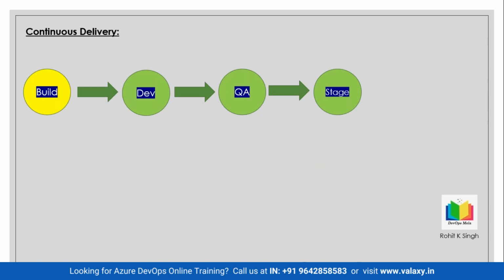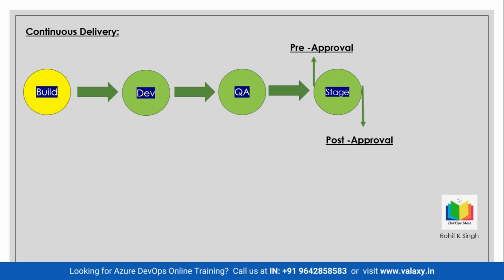Before it gets triggered to stage, there will be some sort of pre-approval, so it's a manual intervention in between. It could be anything, might be QA is still testing. Once QA gives the go-ahead, your manager will approve your stage, then the changes will be moved into the stage environment.